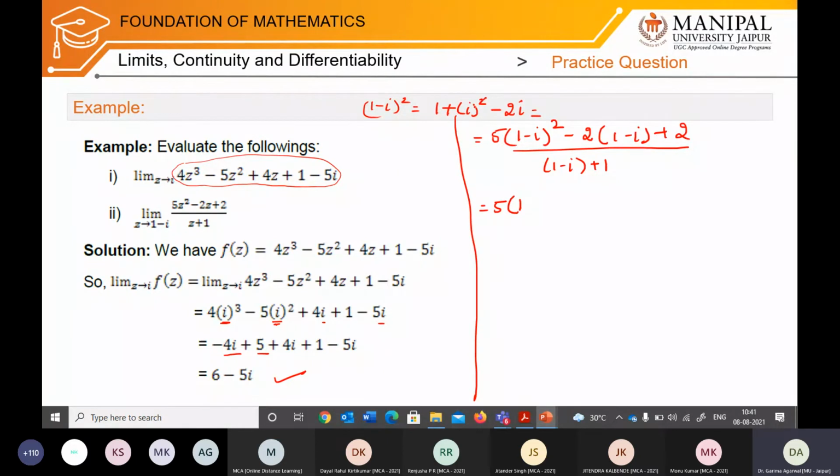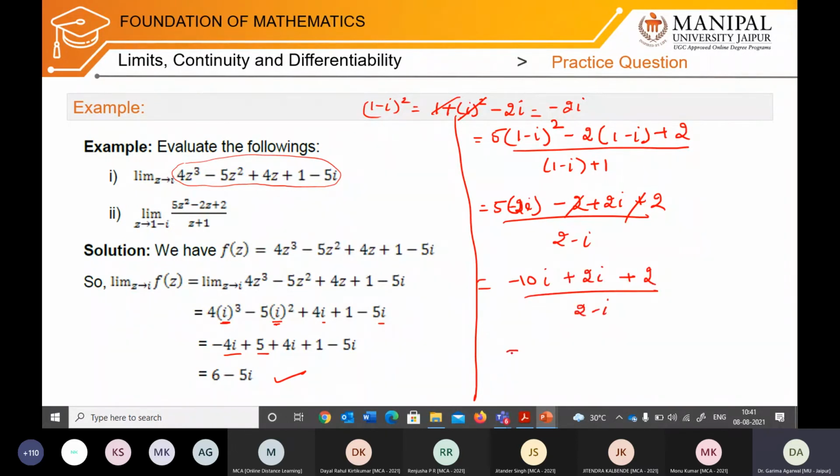Iota square is minus 1, so that is minus 2 iota. Then minus 10 iota plus 2 iota plus 2 upon 2 minus iota, which is minus 8 iota plus 2 upon 2 minus iota, right?